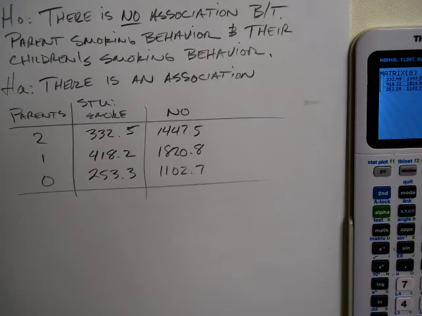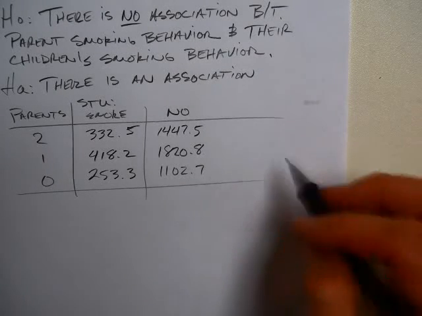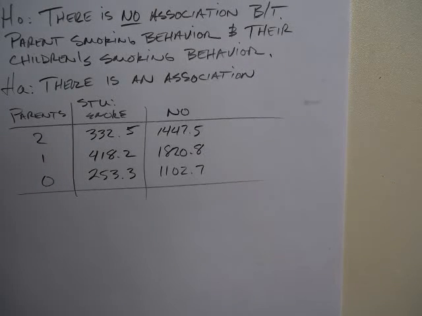So those are the expected counts. That's cheating, right? That's the shortcut for getting that. I think if I were doing this for the AP test, I'd probably just make a little note that you got that from the matrix B after completing the test.